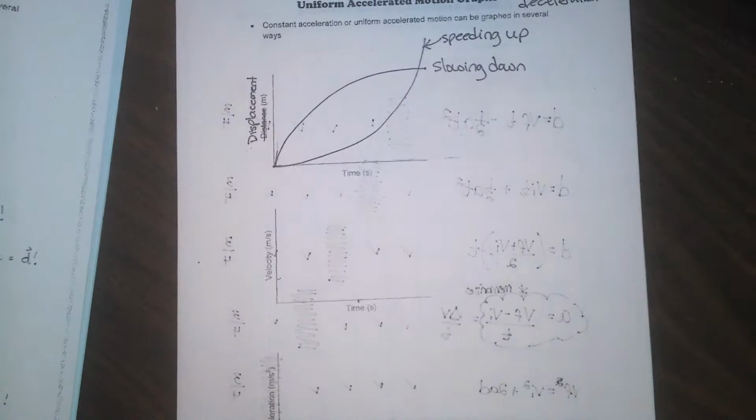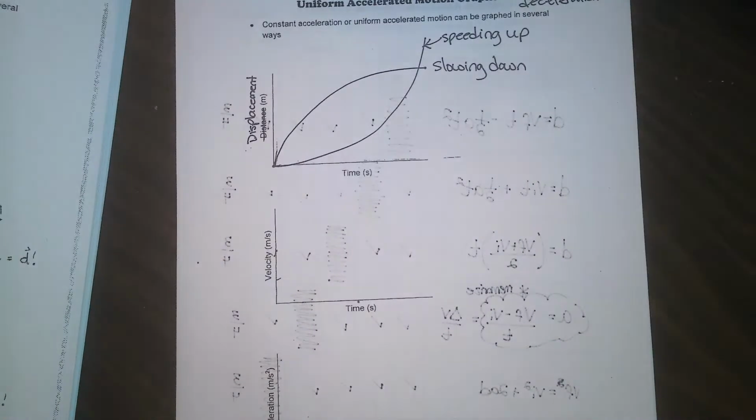Now, if I was looking at a velocity versus time, what would uniform acceleration be? What kind of graph do you predict in a velocity time graph if we're talking in terms of uniform acceleration?